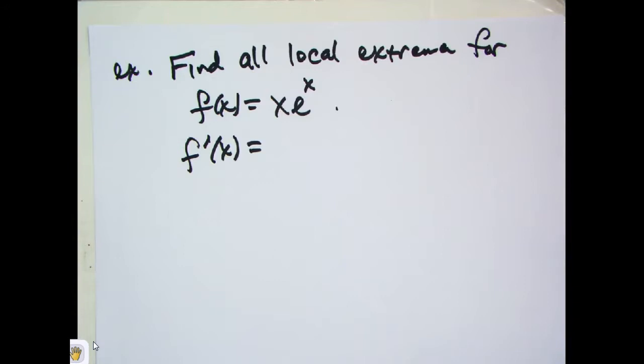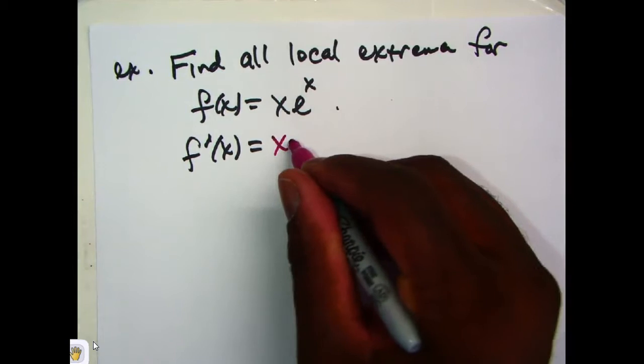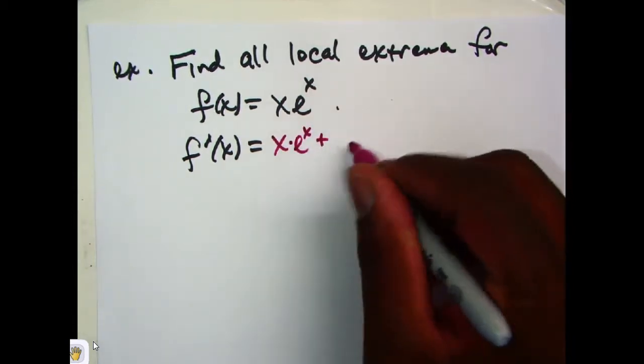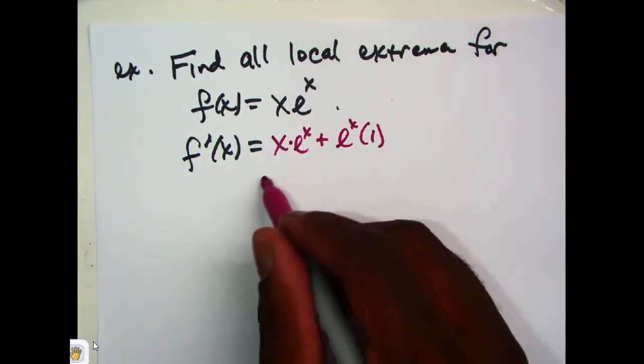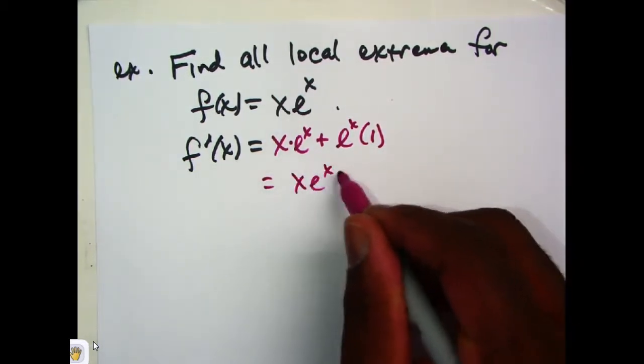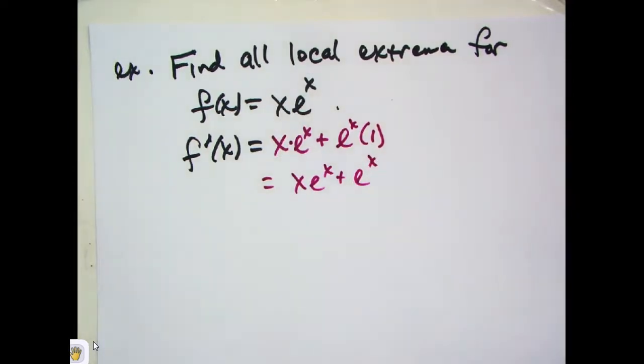So first times the derivative of the second plus the second times the derivative of the first. Isn't that the derivative using the product rule? Yeah. All right, so now we need to determine where this is equal to 0.